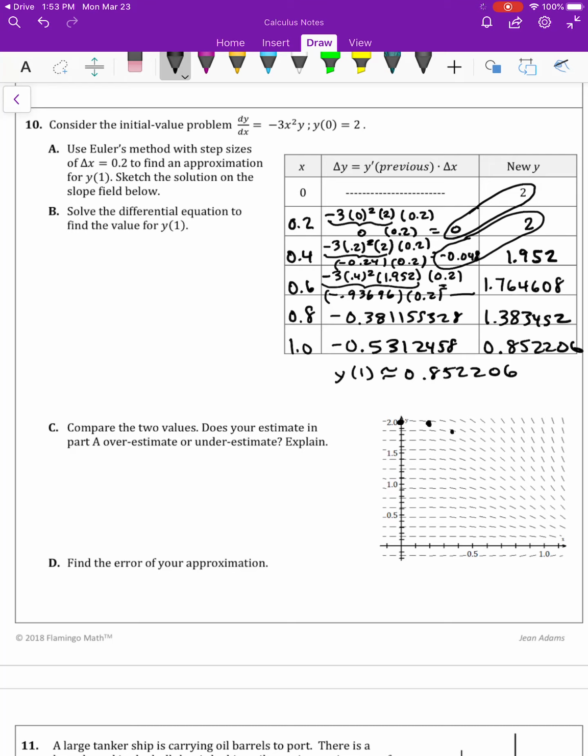And then point 6, we had 1.7. So that's probably about right there. And then 0.8, we had 1.3. It's about right there. And then 1.0, we had 0.85, which I don't know, about right there.